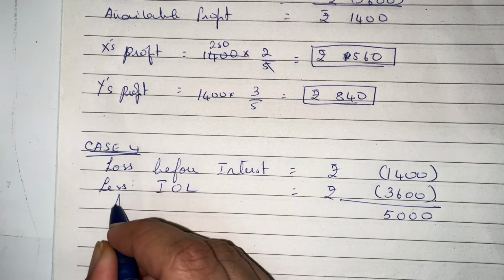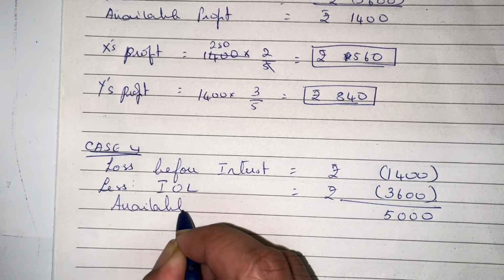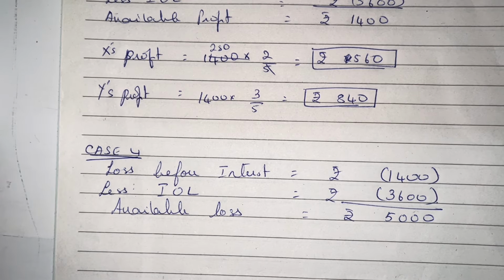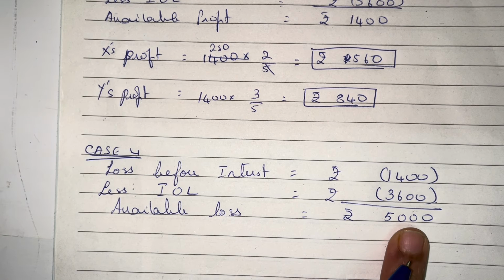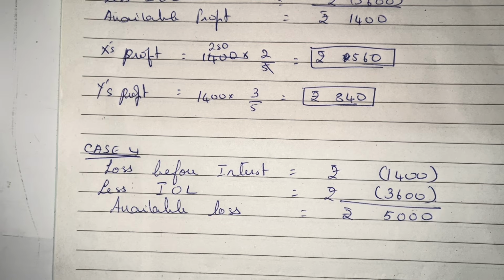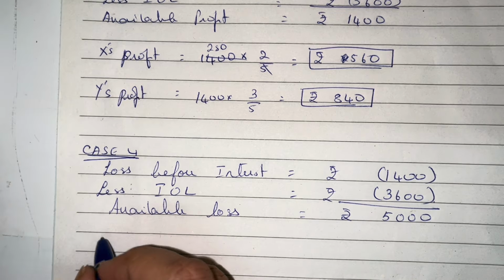So available loss is rupees 5,000. Now this rupees 5,000 you can mentally calculate and divide between the two partners X and Y, because it's easy, right? The denominator is 5, so it's easy to divide.